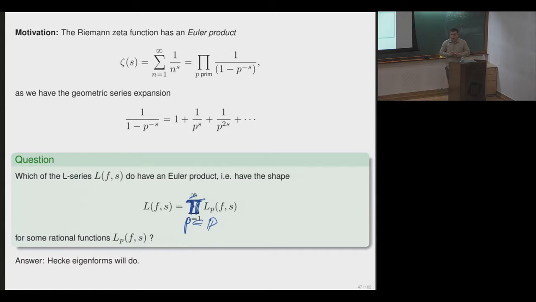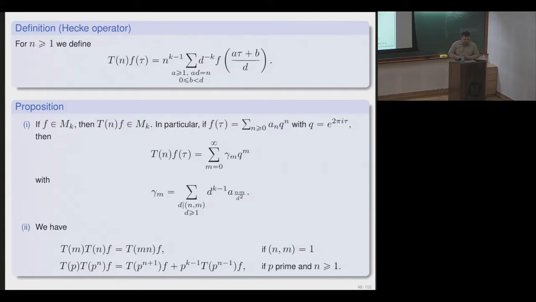And the answer to this question is that Hecke eigenforms will precisely give you the L series which have this Euler product. And so this is my motivation why we want to study Hecke operators.